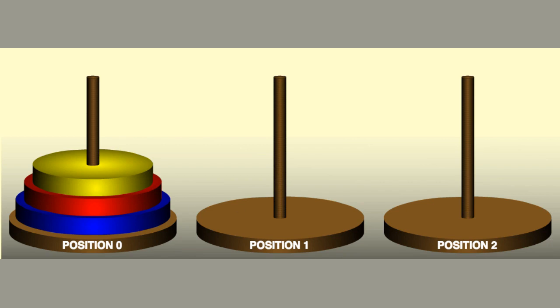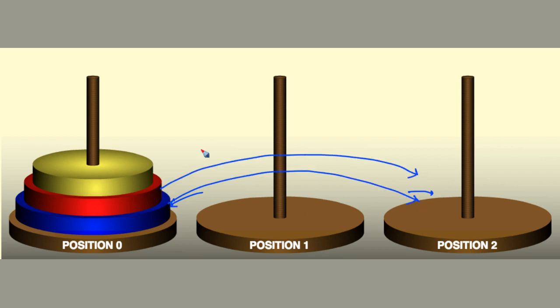Here, if we need to transfer all these 3 disks from position 0 to position 2, then after transfer, this blue disk will be placed at the bottom of position 2. Then on that the red will come, then on that the green will come. So one thing is clear, that the blue disk has to be at the bottom.